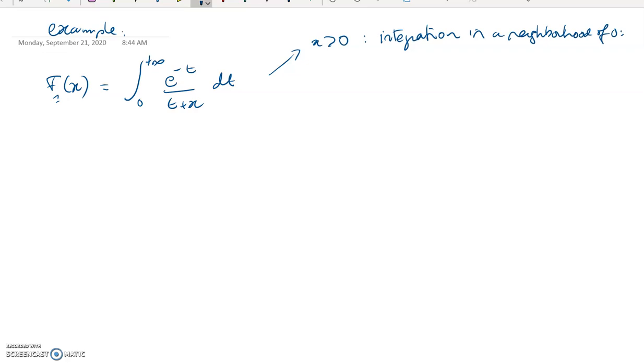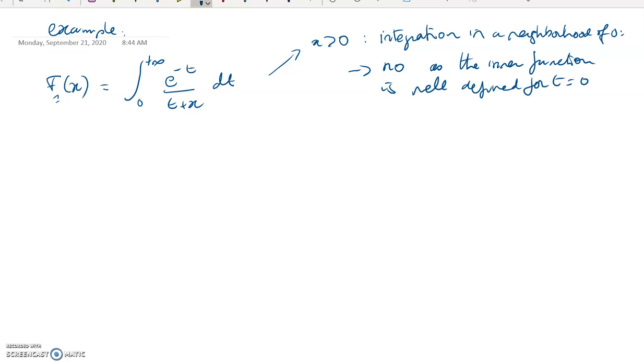Well, the answer is no. Why? Because it's well defined: on the top, e to the 0 is 1, and at the bottom I'm going to have 0 plus x, which is strictly greater than 0. So no, we don't have any problems, as the inner function is well defined for t equal to 0.